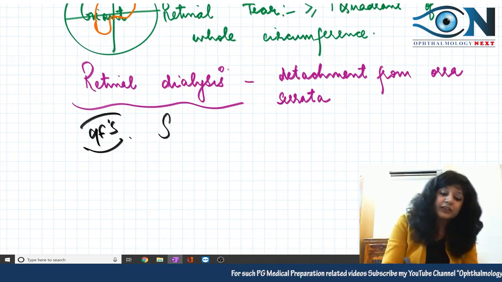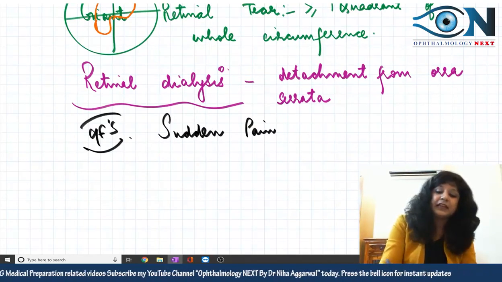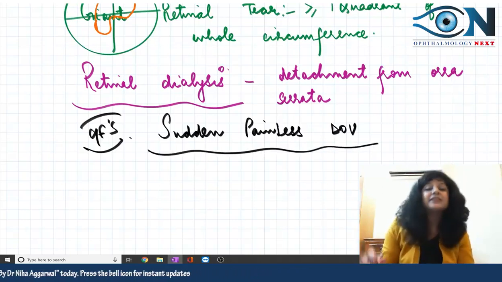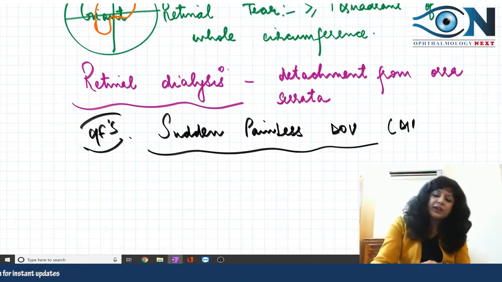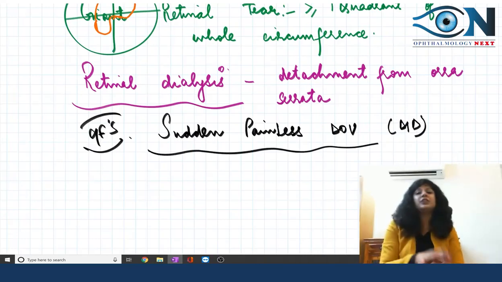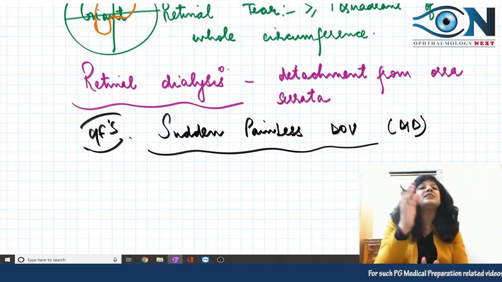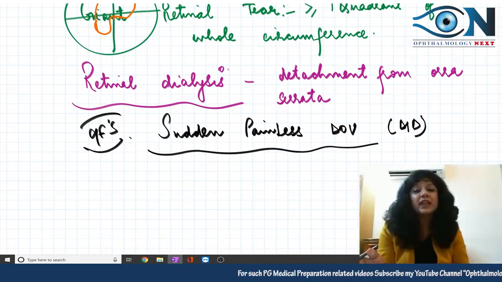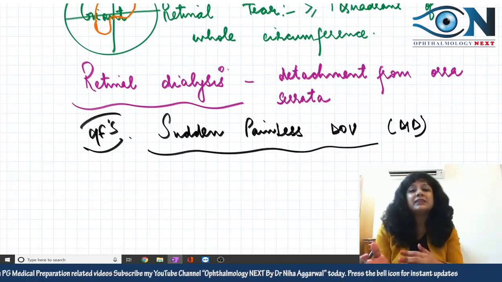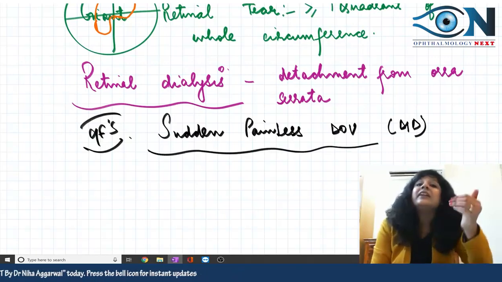First of all, this patient will come with sudden painless diminution of vision, and as I always say, this is the most important clue, because in every question related to ophthalmology, they will always tell you that there is diminution of vision, whether it is acute, chronic, sudden, gradual, painful, painless, progressive, stationary. So that is the starting thing.